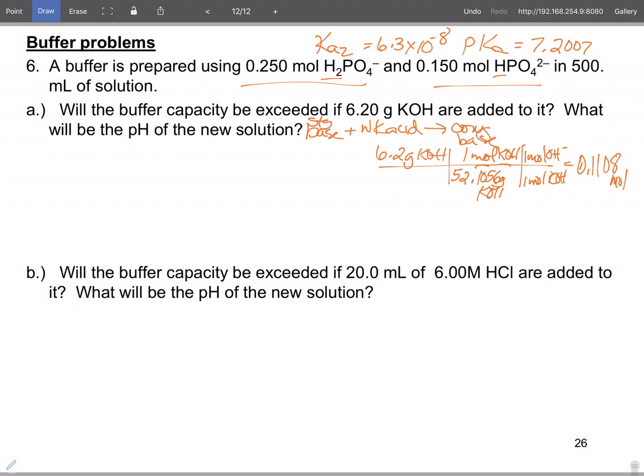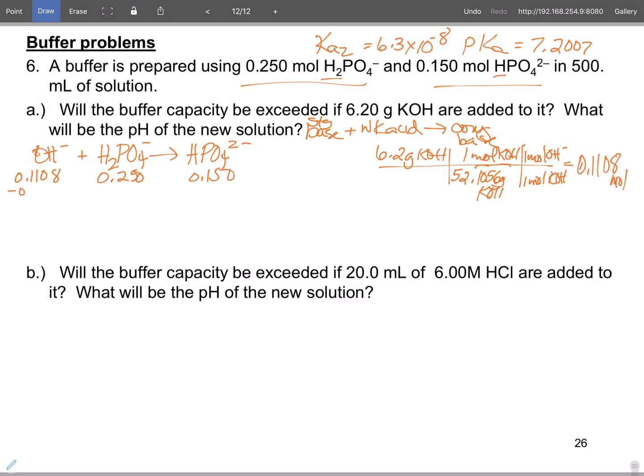Again, this is a reaction. So we know that our OH minus is going to react with our acid form, which is H2PO4 minus, to produce HPO4 2 minus. So this is 0.1108. We know that we're given 0.25 and 0.150.